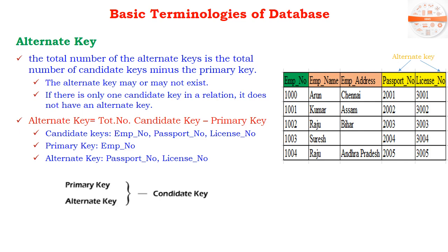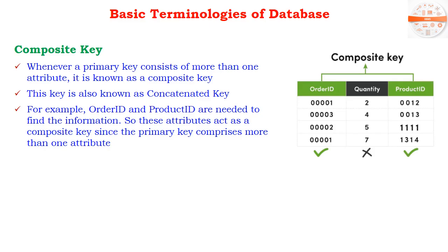So the primary key and alternate key composition provides the candidate keys. Composite key. Whenever the primary key consists of more than one attribute, it is known as a composite key. For example, sometimes only one column is not sufficient to identify a particular record.